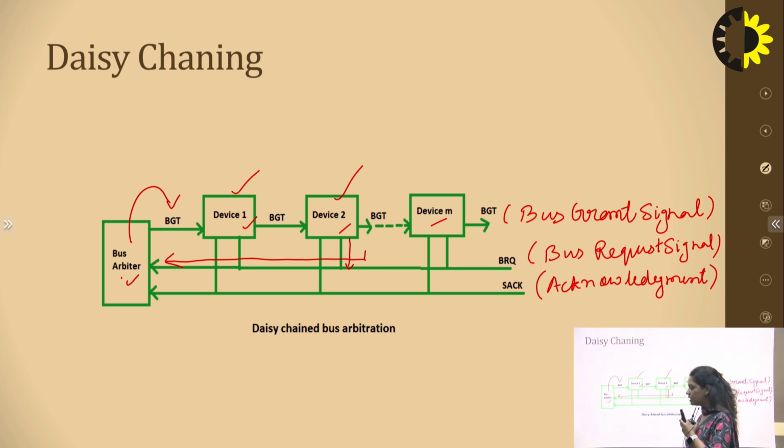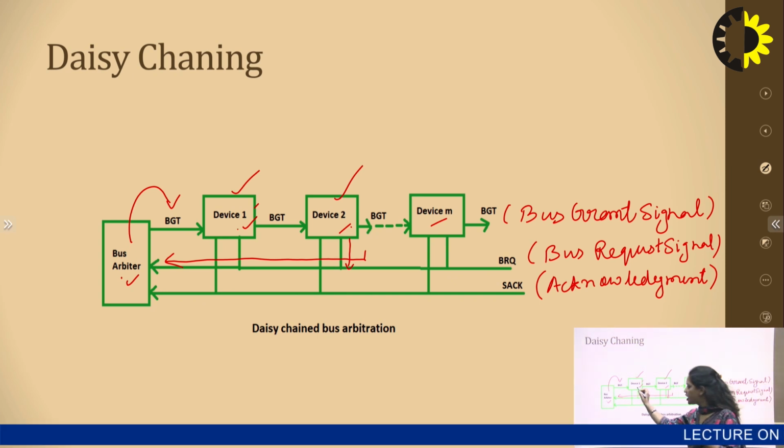Device 1 will check whether it requires control of the buses or not. Since the request was generated by device number 2, it will wait till device number 1 transfers that bus grant signal to device number 2. So it will perform a check whether it needs control of the bus or not, even though it hasn't requested any control of the buses.